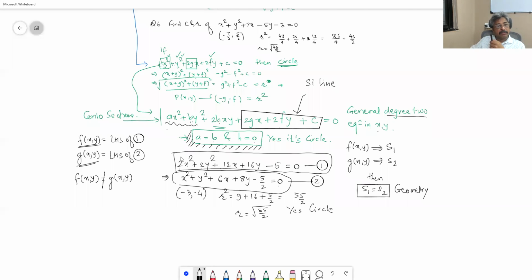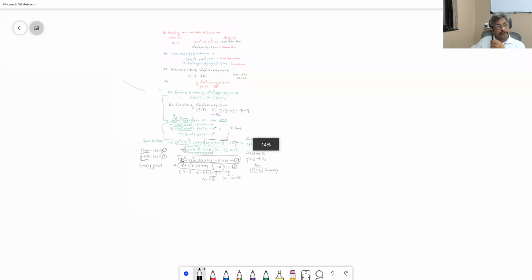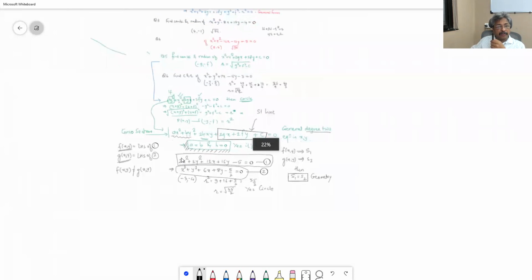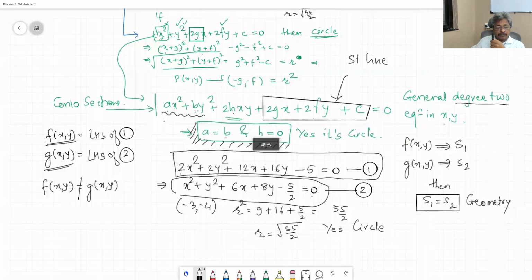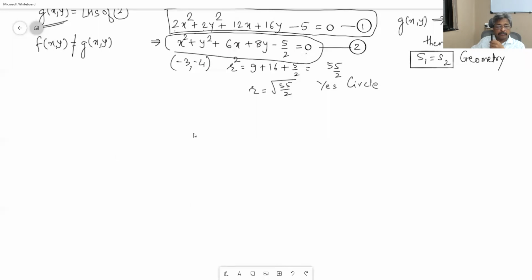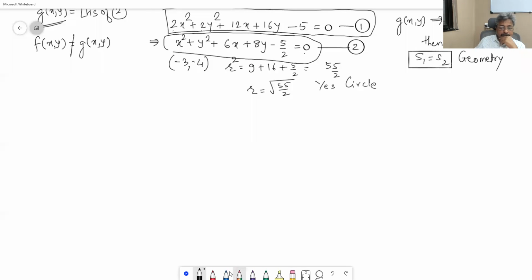What is question number? Question number 7. Question number 7 says, find the equation of circle with center at -2, 3, touching x axis.